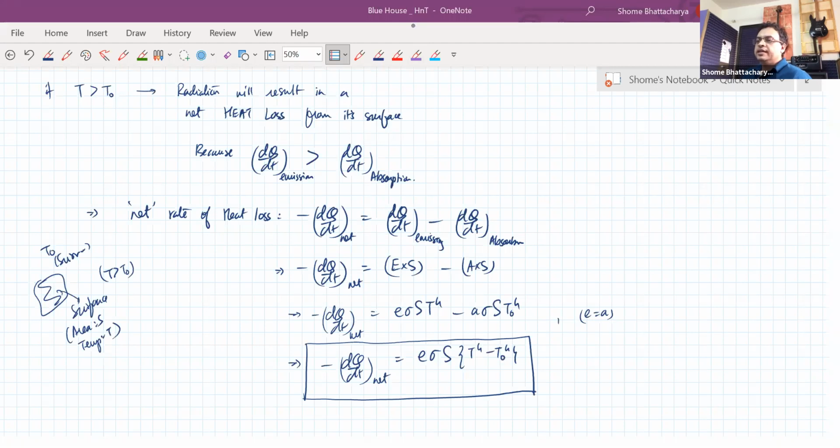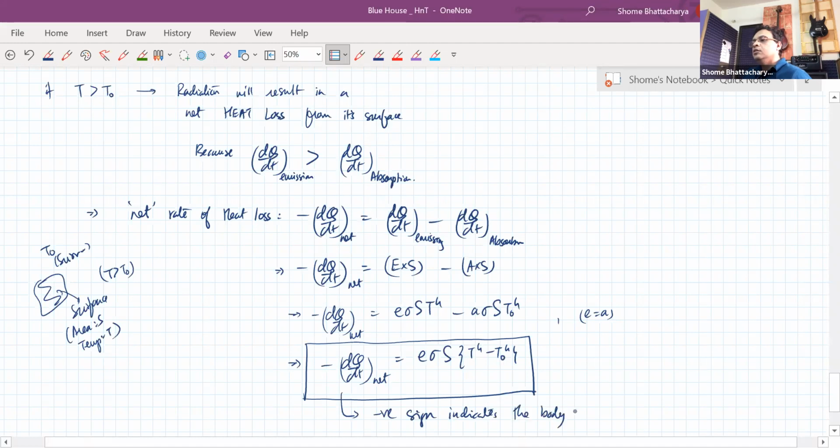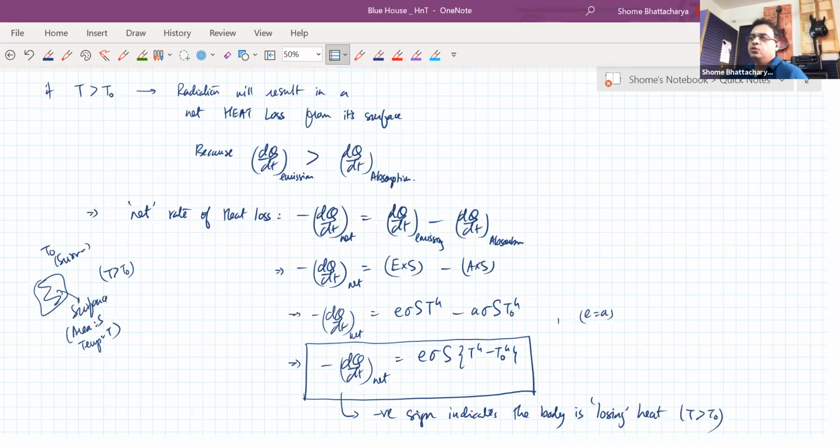Yes, because the negative sign shows us that there is a heat loss. The negative sign indicates the body is losing heat because its own surface temperature is greater than the surrounding. So the direction of heat flow should be from higher temperature to lower temperature. The net transfer of heat should happen from higher temperature to lower temperature.